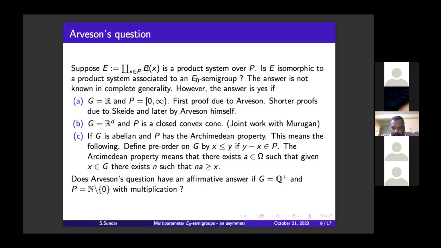This is what I meant by saying that the basic theory stays intact. For every E0 semigroup, there is a product system, and for every product system, there is an E0 semigroup, provided the semigroup is good, like a closed convex cone in R^d. So this forms the first part of my talk.